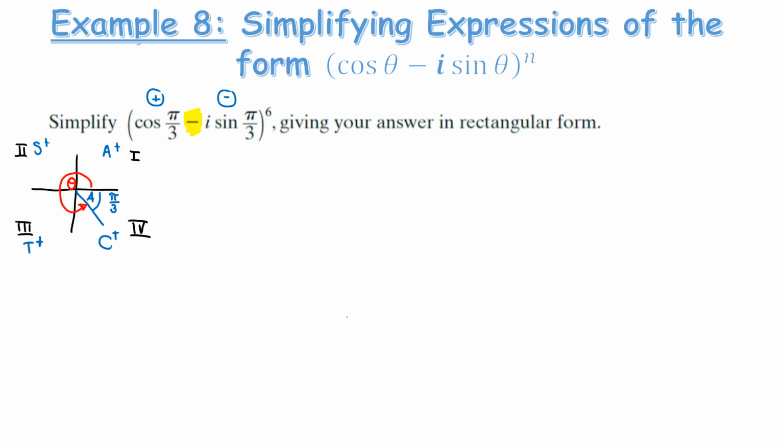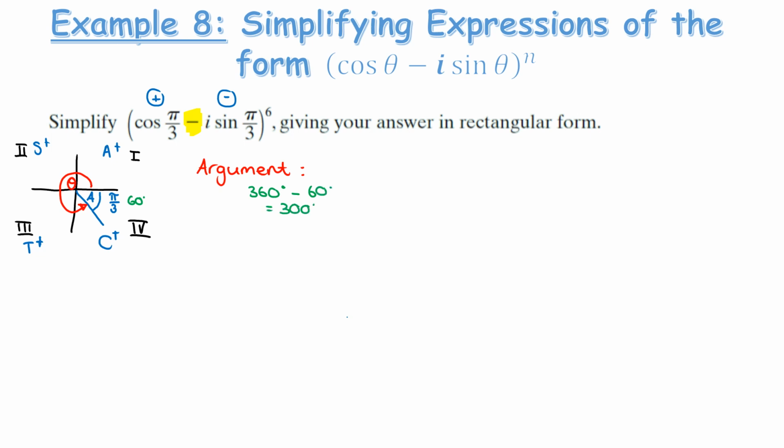So if we were looking for the argument, and I'm going to work in radians, but if you need to work in degrees, I'll work alongside it. In degrees, it would be 360 degrees take away this angle, which in degrees is 60 degrees, and that will give us 300.